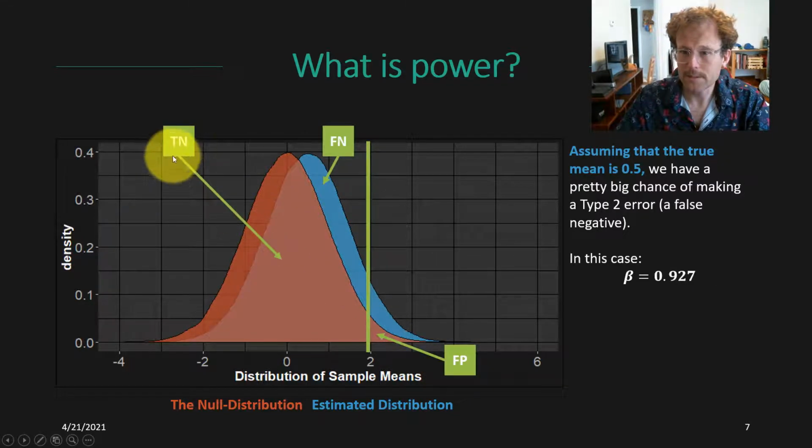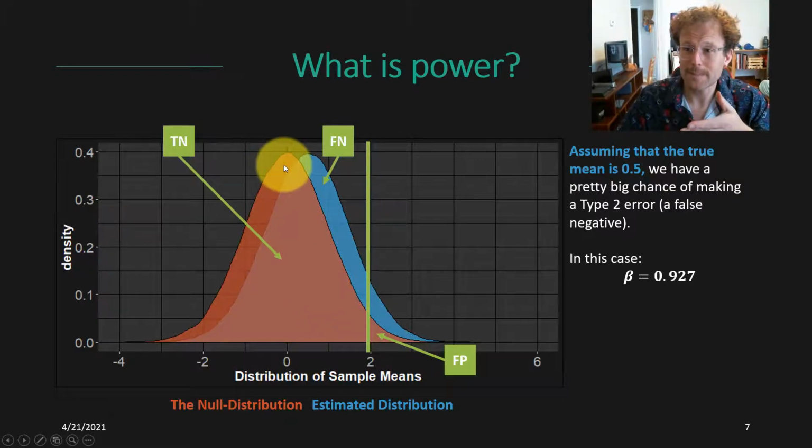Following up on that, the rest of the red distribution would be our true negatives. So if we set alpha at 5%, 95% of the time, if the null hypothesis were true, we'd be getting true negatives. However, the problem is the null hypothesis might not be true. So the other thing we need to worry about is our number of false negatives.